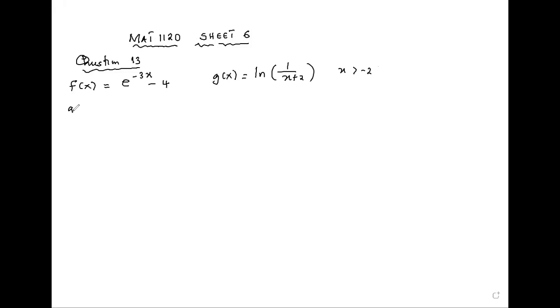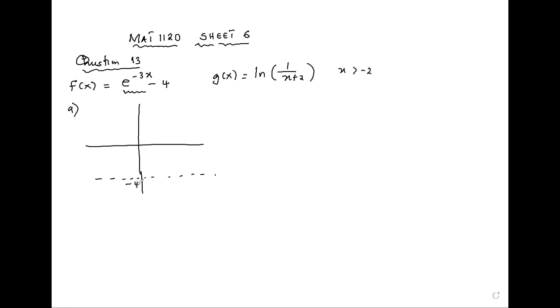What does A request us to do? State the range of f. Oh, so we need to find the range of f. If we are to attempt to sketch, we would say the horizontal asymptote here is the line y equals negative 4.